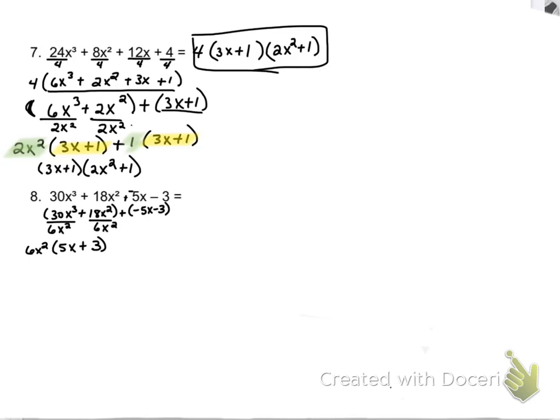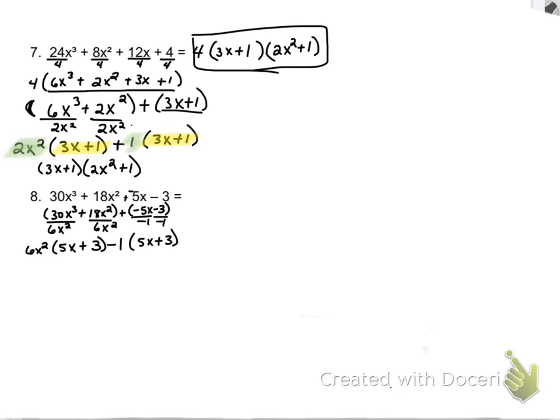Now, 5x plus 3 is not really the same as -5x minus 3, but I could factor out a -1 from there, which means I put a -1 in front, and now I have 5x plus 3, and the parentheses are the same. What's in parentheses needs to be the same.